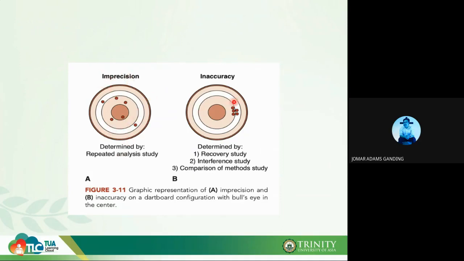This is an example of inaccurate but precise. It is possible that your samples are precise but inaccurate. But most of the time, if your samples are all accurate, they are also precise.